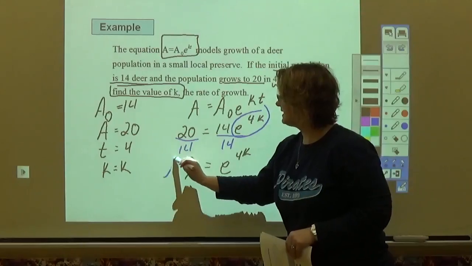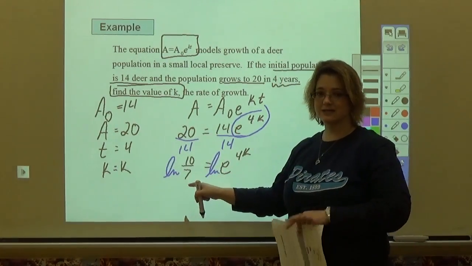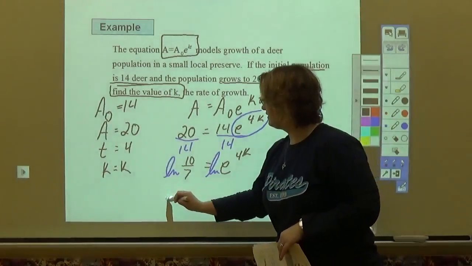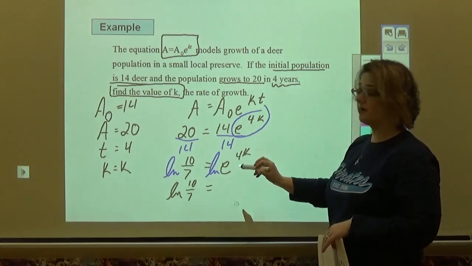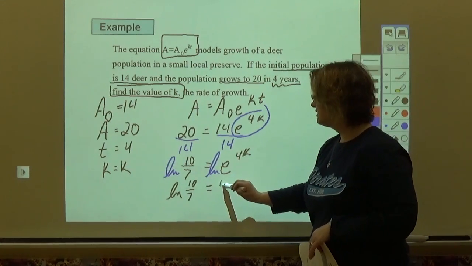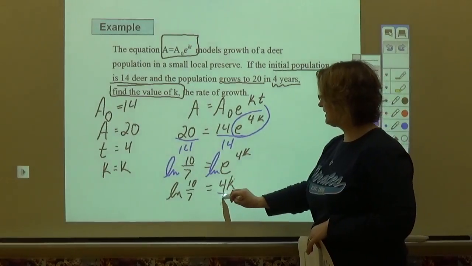And now we're going to take the natural log of both sides because we can't possibly write 10/7 as a power of e. So when we do the natural log, we end up with natural log of 10/7 equals, now remember one of our properties, natural log of e to an exponent is just the exponent. So this is 4k, and now we divide by 4.